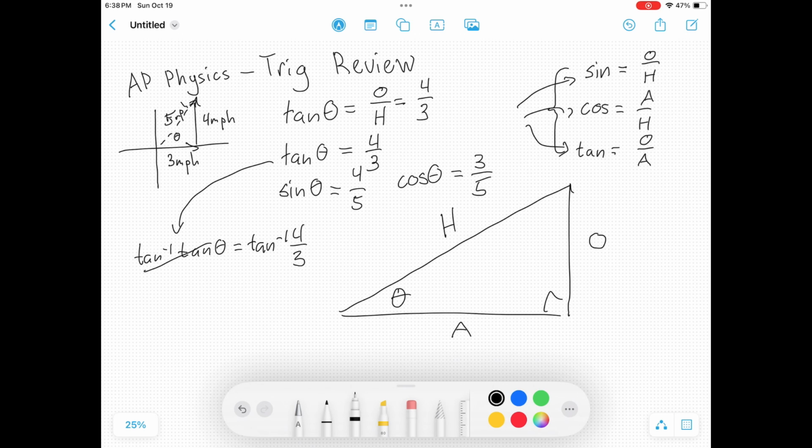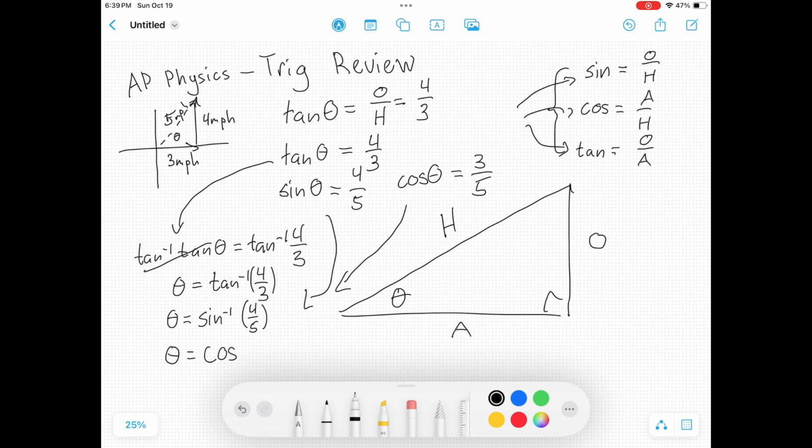These will cancel, and then we'll have theta is equal to the inverse tangent of 4 over 3. Or alternatively, you could have used sine and cosine. So you could have had theta is equal to the inverse sine of 4 over 5, and theta is equal to the inverse cosine of 3 over 5.